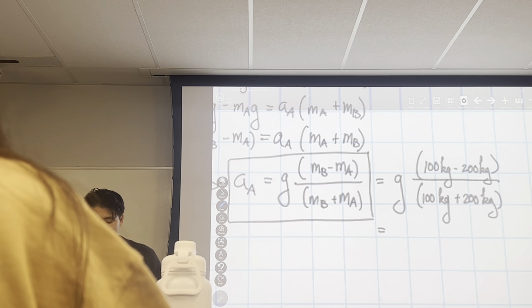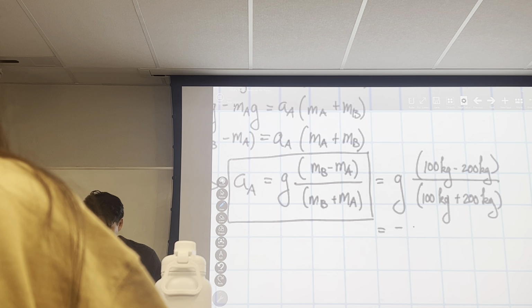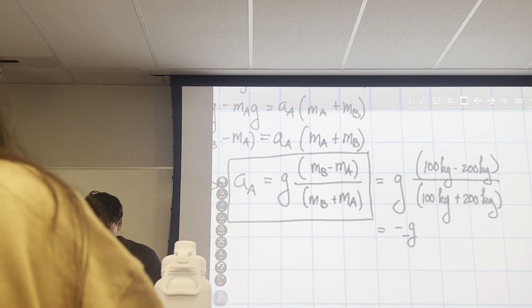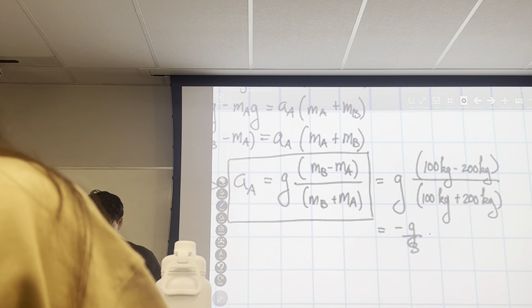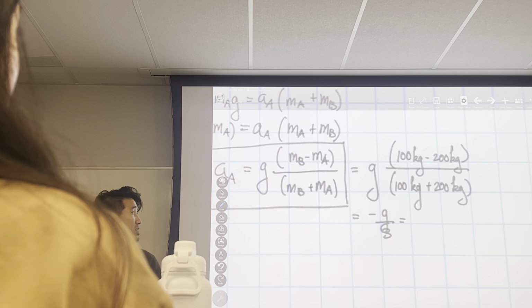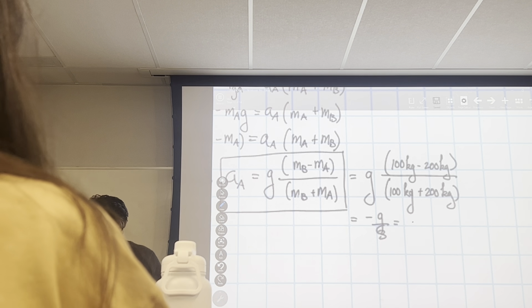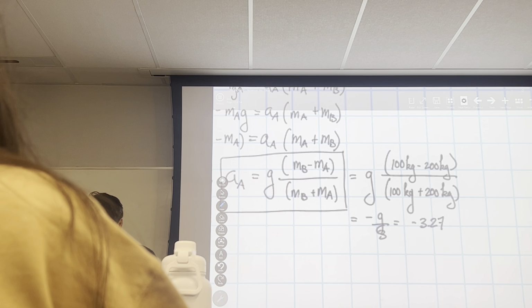Essentially, this is equal to negative G over 3. Where if you plug in G as negative 9.8, you get negative 3.27 meters per second squared.